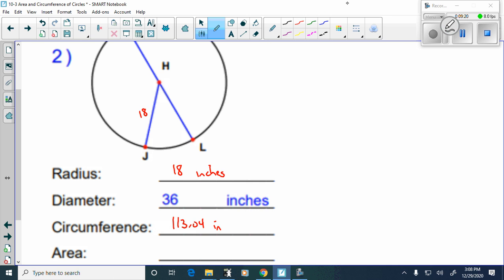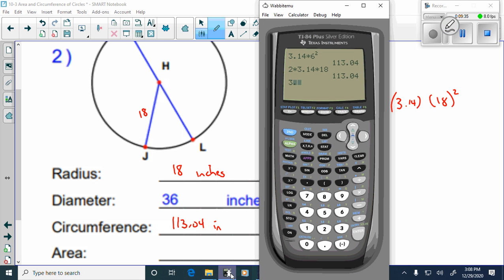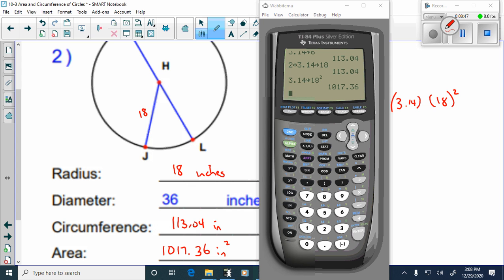And the area is going to be pi r squared. So 3.14 times the radius squared, 1017.36 square inches.